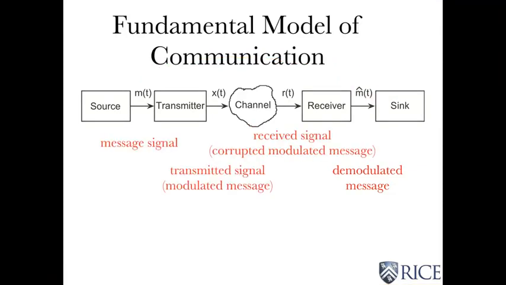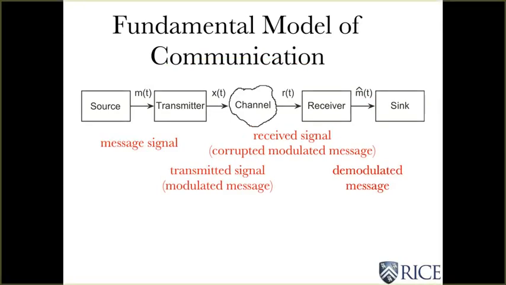So here are all the labeled pieces of our fundamental model. We're going to talk about this again and again. We're going to worry about how transmitters are designed and how receivers are designed. It turns out you cannot design these without designing them together, and we will talk about that as we go through the course.